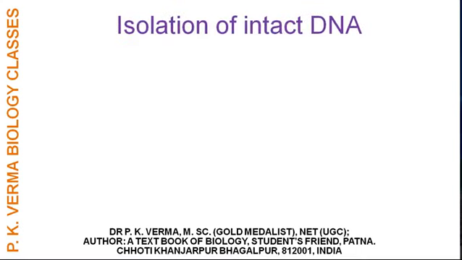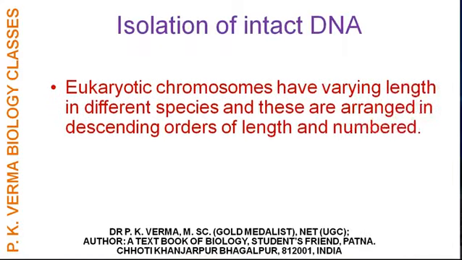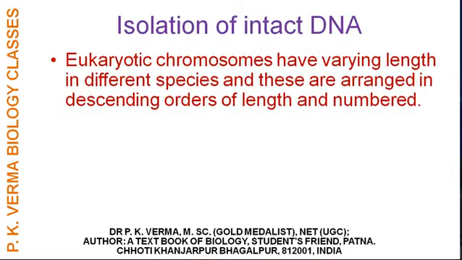Now, how is the DNA isolated from the source? If the source is a eukaryote, it must have a number of chromosomes. These eukaryotic chromosomes vary in their length, and these are arranged in descending order of length and number.